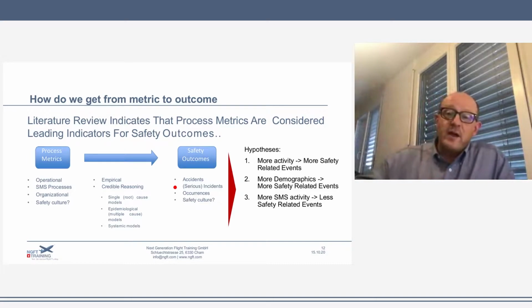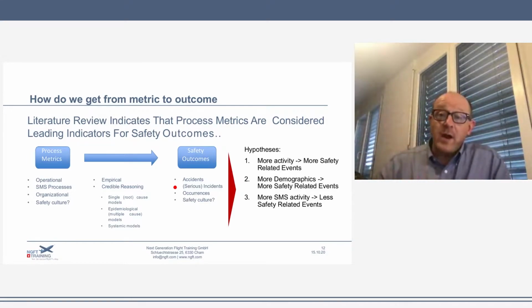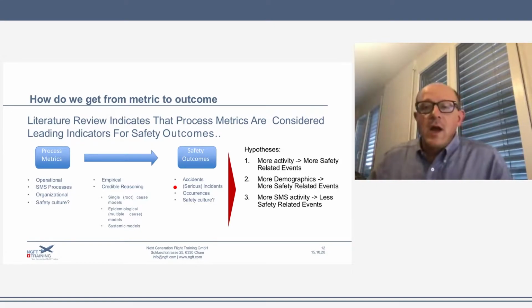So if the engine fails due to excessive wear, then it's clear that if we had measured the quality of the oil, we would have detected that. But most of the time, it's not that simple, because the human element is there, and the person is actually committing error. So that is much more difficult to understand.